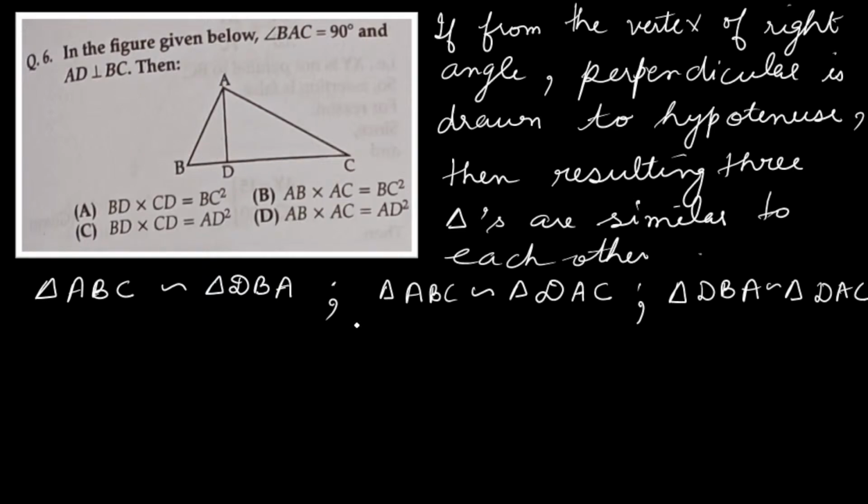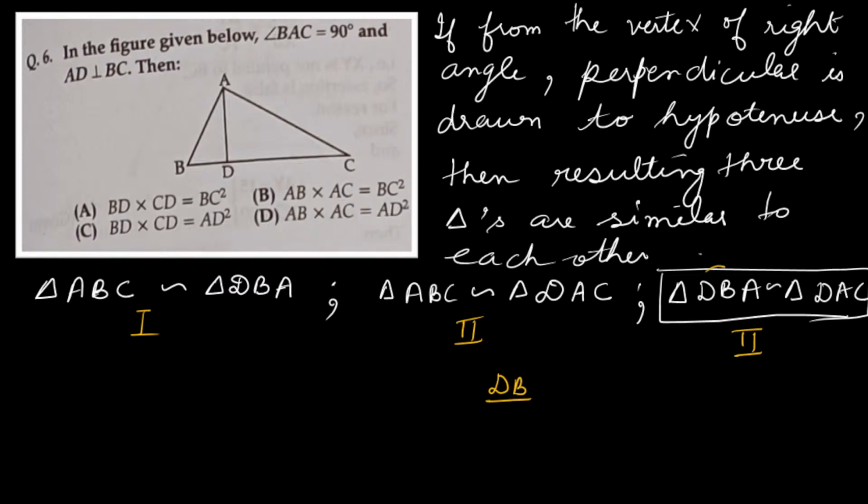Now one result we will use. We can write the ratios. Let's write the ratio of the third pair, because I am sure we don't have to use the first two. This is the first pair, this is the second pair, and this is the third pair.